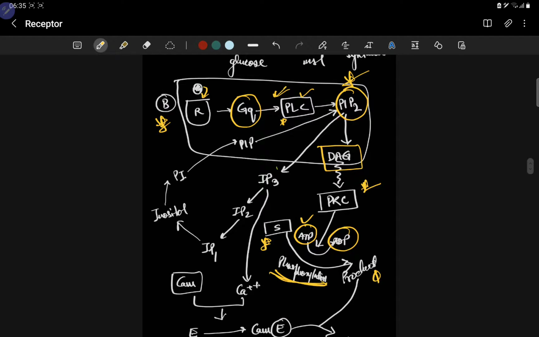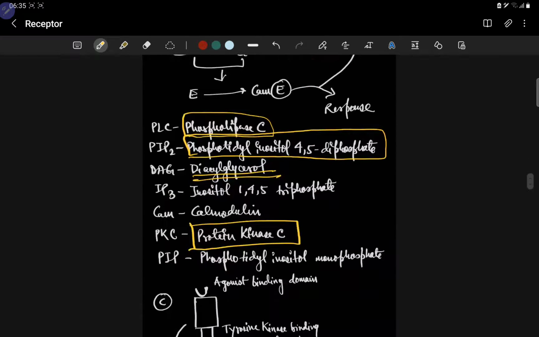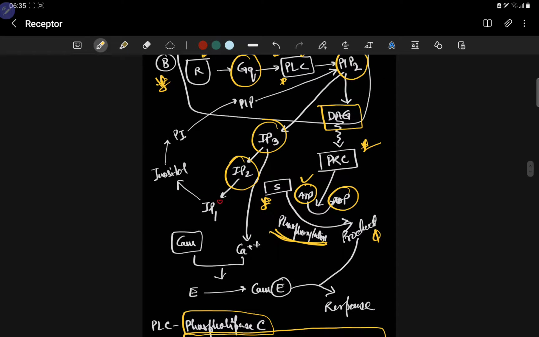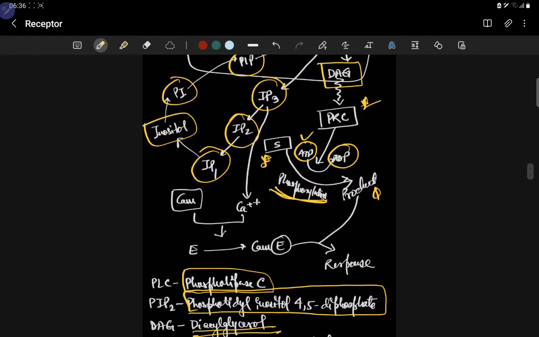Another PIP2 will convert into IP3, that is inositol 1,4,5 triphosphate. IP3 will be converted to IP2, IP1, and then inositol and PI, and then PIP. And then it will reconvert into PIP2. So in this process, what happens?